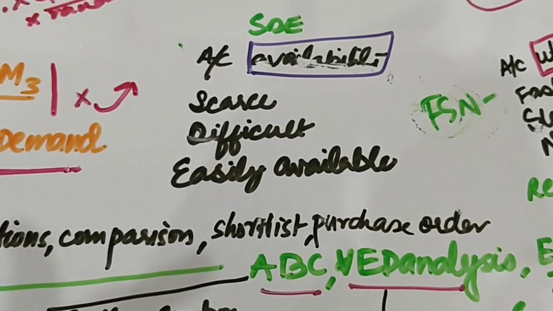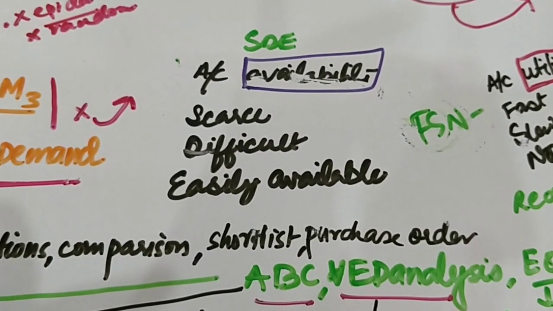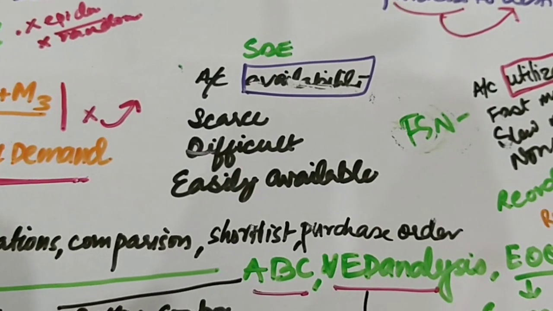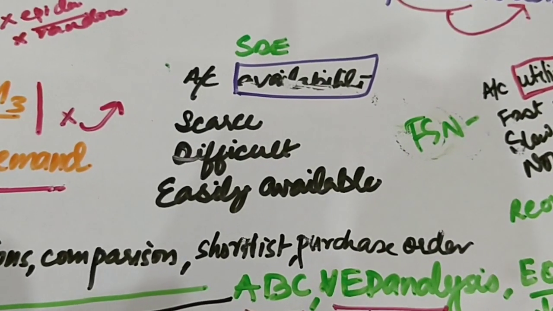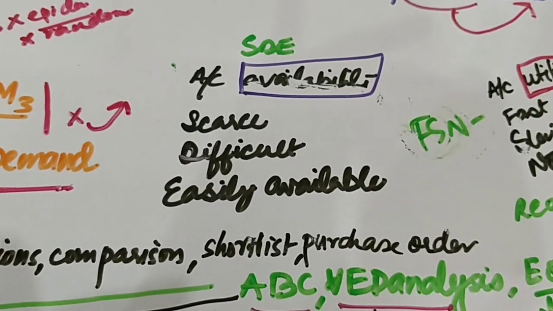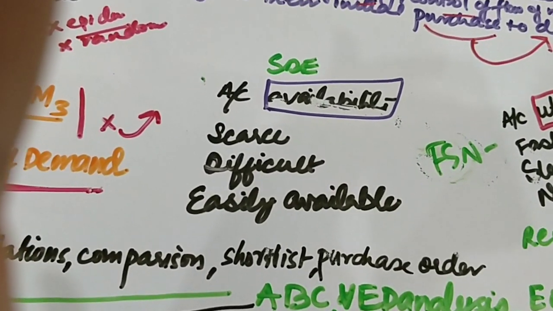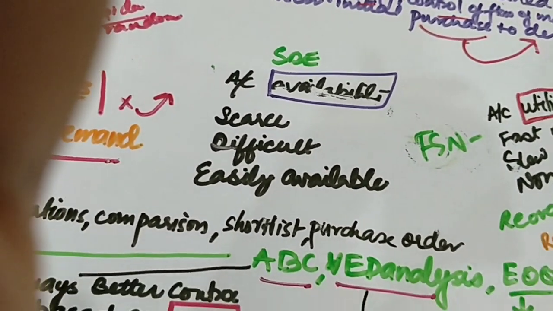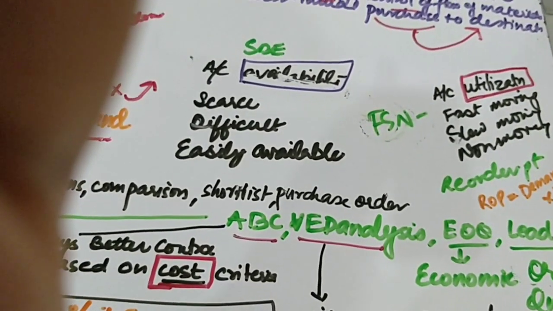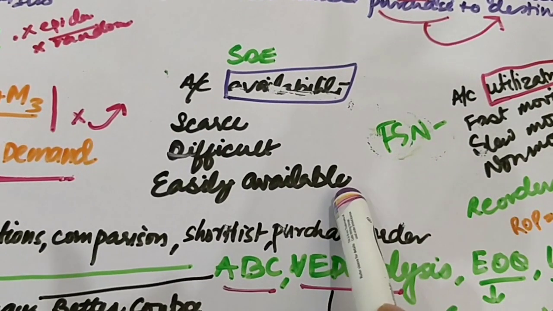But if you want to procure some drugs like MDIs, metered dose inhalers, which are scarce and difficult to procure from our system, they should be released slowly. Or we get them only sometimes, like that. So SDE depends upon scarce, difficult, and easily available, depending upon the availability.